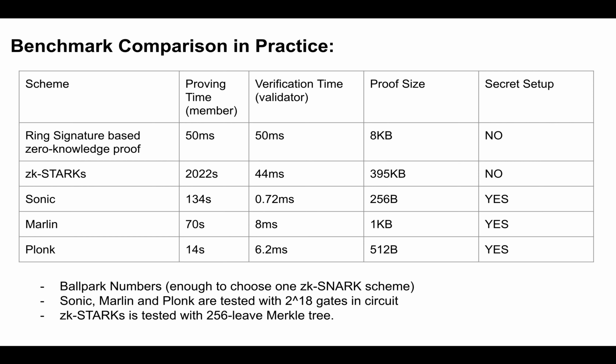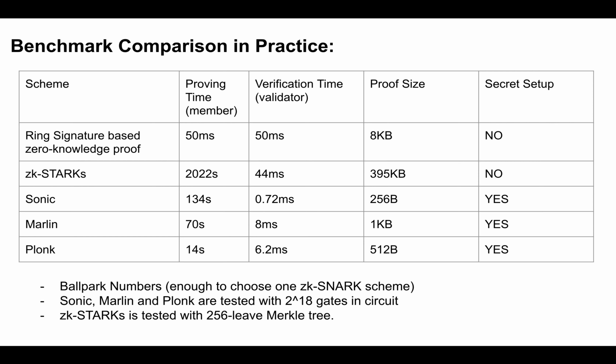Finally, I would like to give a benchmark comparison we tested using the corresponding open source implementations of them. Our goal is to choose the final candidate among Sonic, Marlin, and Plonk. Also, we would like to compare them with our existing zero-knowledge proof methods, including ring signature-based zero-knowledge proof and zk-SNARKs.